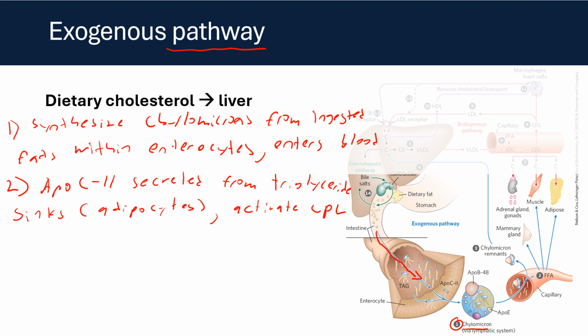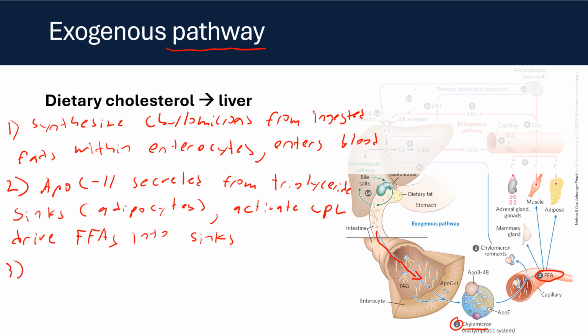That is going to begin dismantling our chylomicron, and it will drive free fatty acids, FFAs, into the sink tissues. What we are doing here in step two is selectively degrading the chylomicron. We are going to have our adipocytes leach out preferentially the triglycerides, causing the leftover chylomicron to concentrate the cholesterol content.